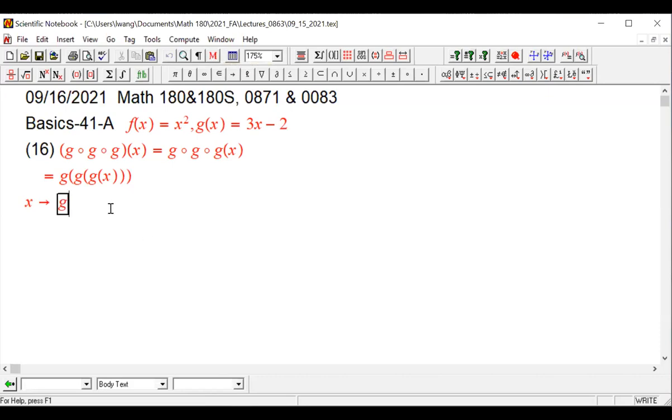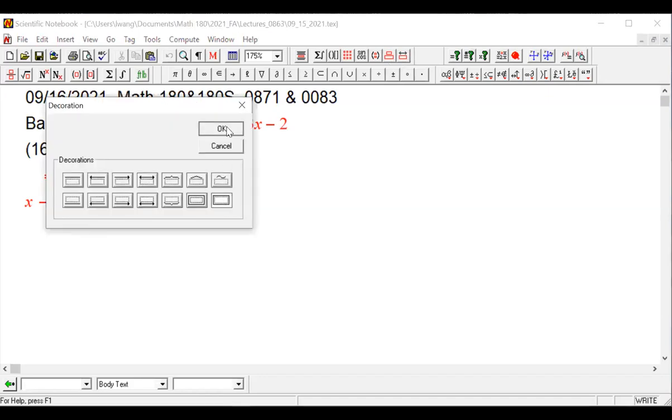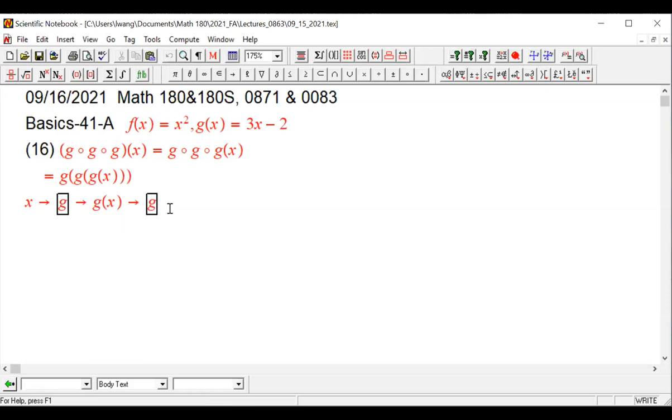But how do we use it? Each time we produce an output. So x was the initial input, and applying the rule to it, we get G of x. In turn, we take G of x and use that as input to the next time using G, the rule of G. Then it produces another output.